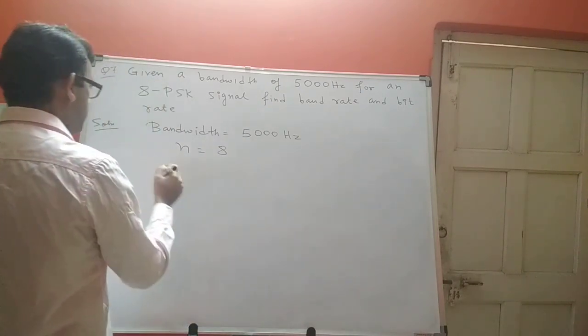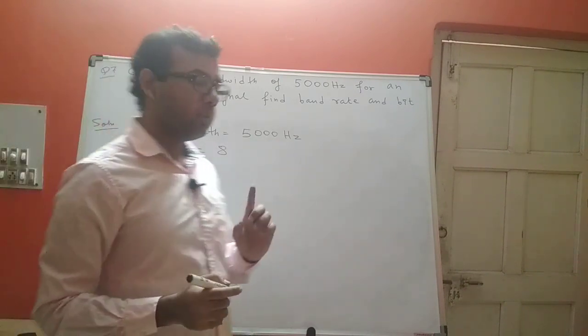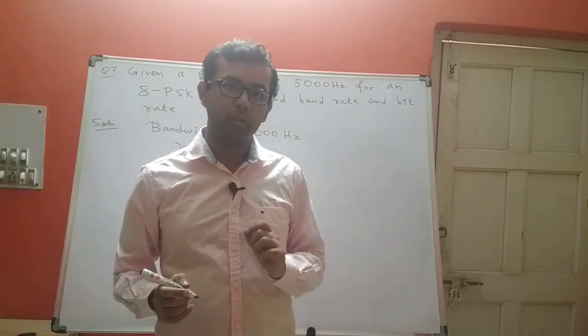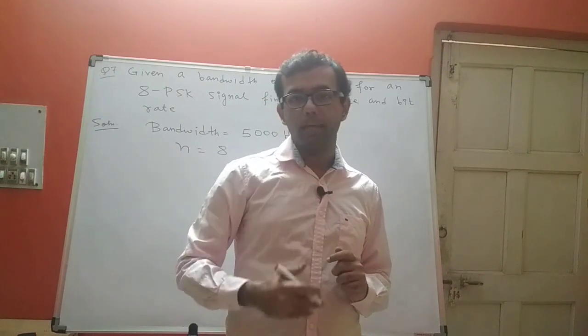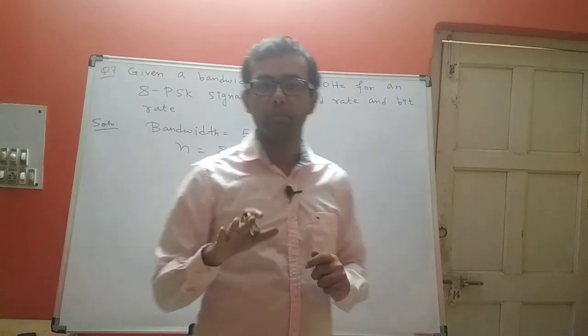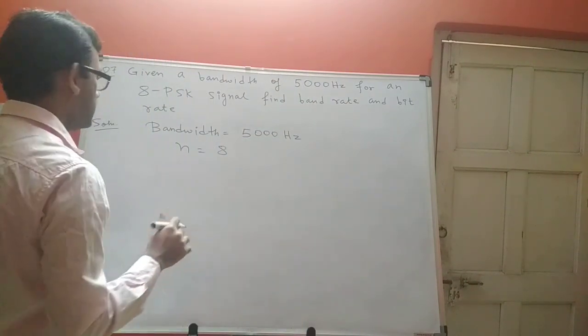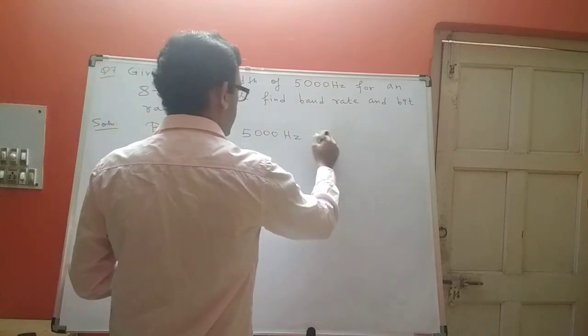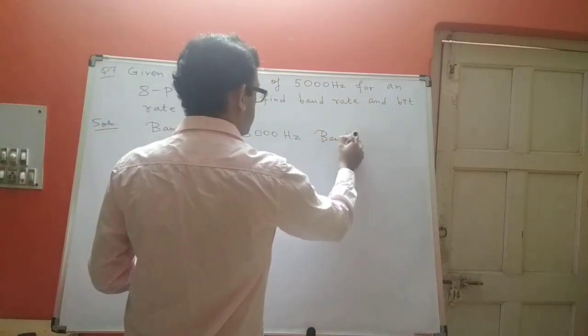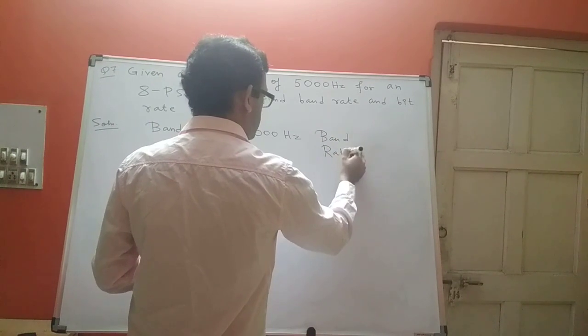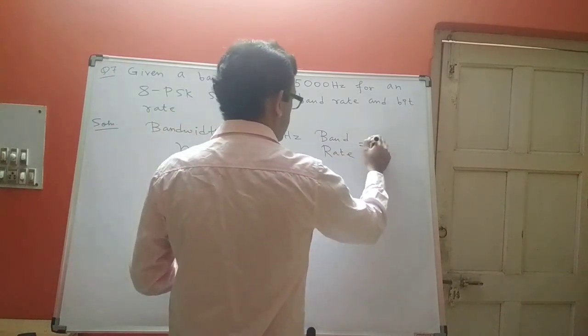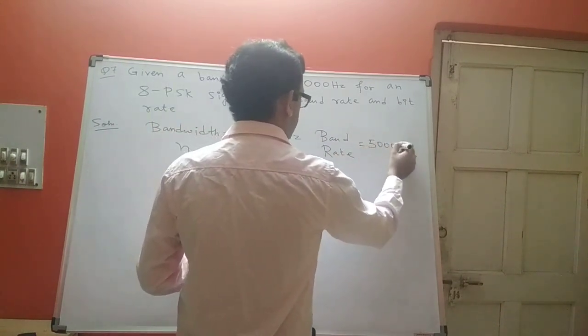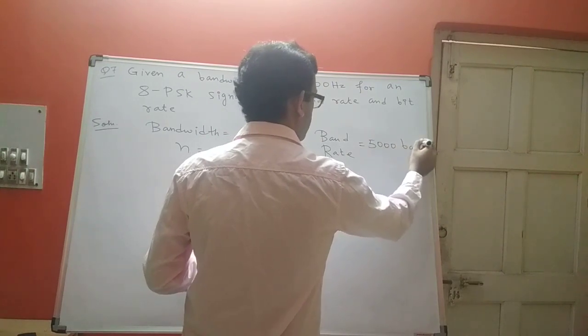If you remember, the relationship between bandwidth and baud rate for a PSK system is that they are the same. From the bandwidth, we can conclude that the baud rate is also 5000, but the unit is baud.